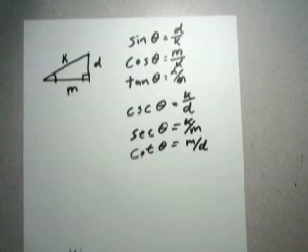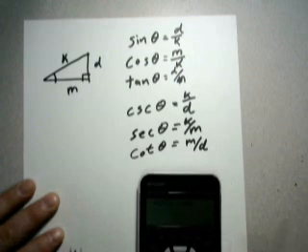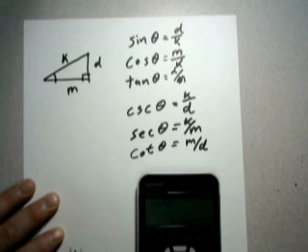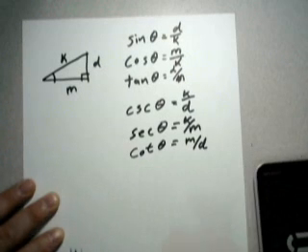Now, number 2, we are given the angle and we are asked to find the ratio. So A is sine of 50. So this is just, type that into your calculator. Make sure you're in degrees. Sine of 50 is 0.766.